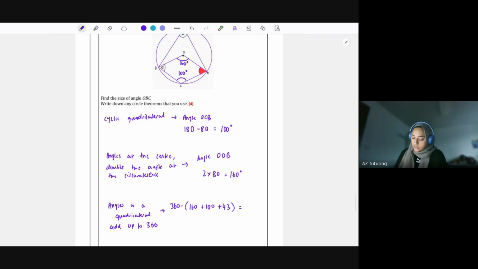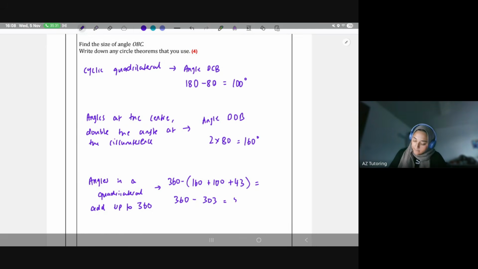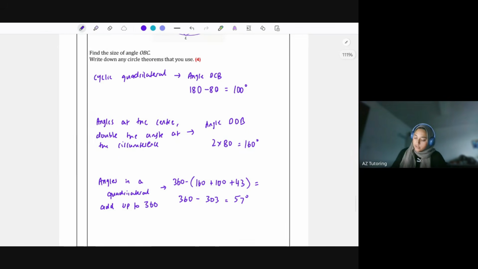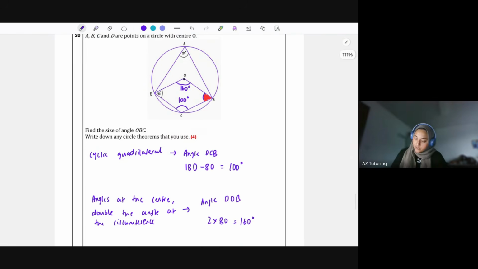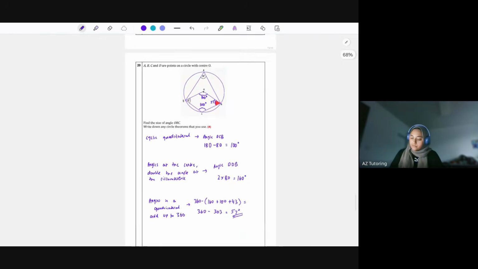So putting that in the calculator, 360 minus 160 plus 100, 260 plus 43, which is 303. And if I do 360 minus 303, I get 57 degrees. And that's my answer. So that red angle there is 57 degrees.